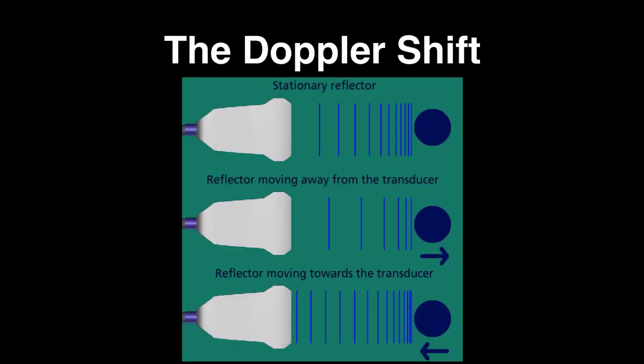So before we dive into the Doppler equation, let's look at the Doppler shift again. In this top example, the reflector and the transducer are both stationary, so there's going to be no Doppler shift.